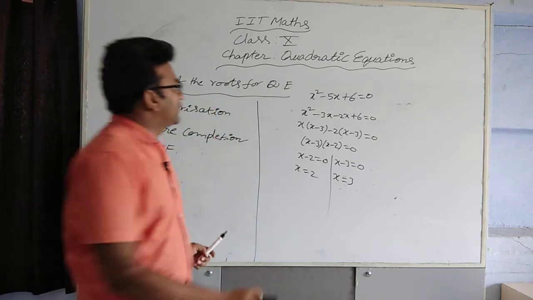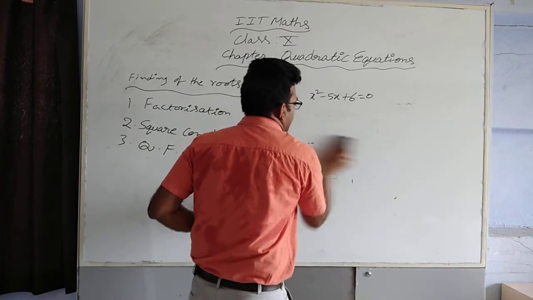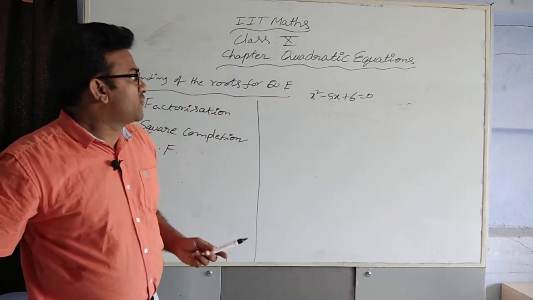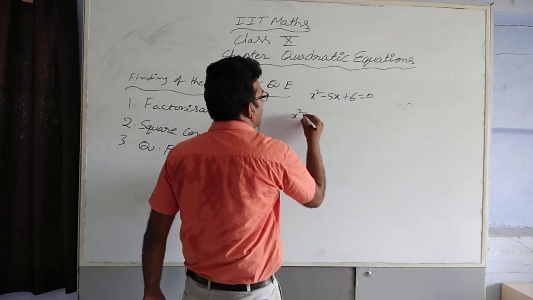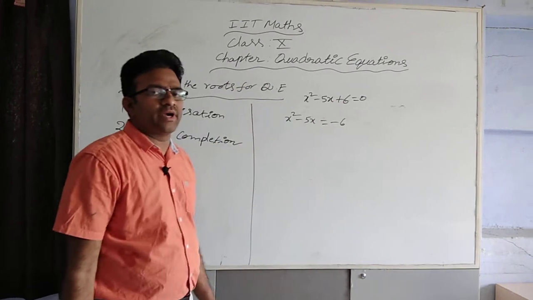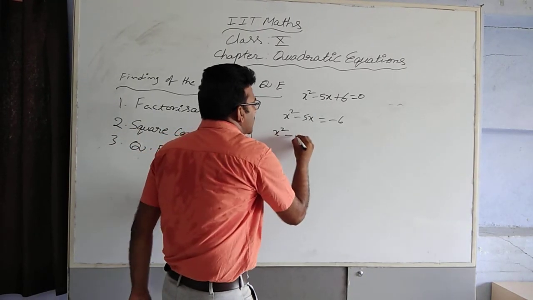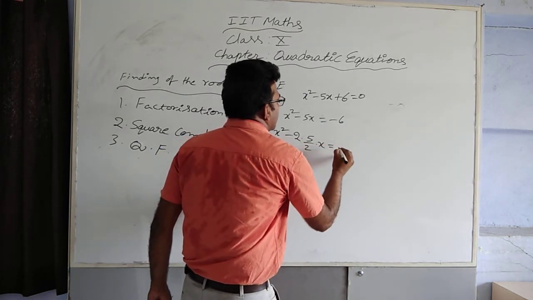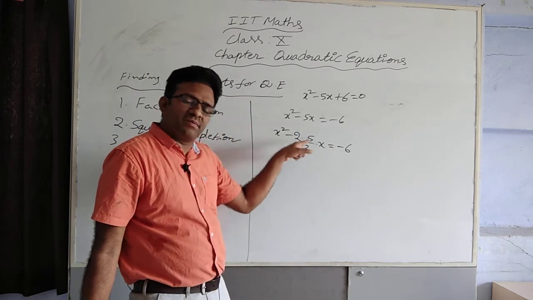The second method is the square completion method. I am considering the same problem to find the roots. First of all, I transpose plus 6 to that side: x square minus 5x is equal to minus 6. Next, I multiply and divide the x term by 2, so x square minus 2 into (5 by 2) x equal to minus 6; the 2 gets cancelled, and minus 5x remains the same.